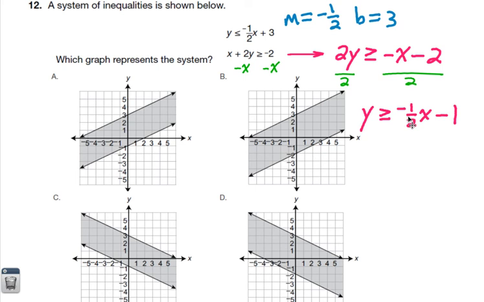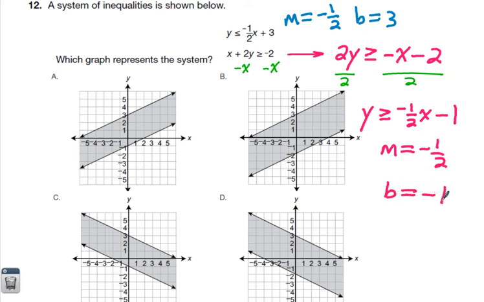You want to reduce it if you can, but it will not reduce, so that stays negative 1/2 x. And then we also have to do negative 2 divided by 2, which is negative 1. So now we know that this m value is going to be negative 1/2, and the b value is going to be negative 1.